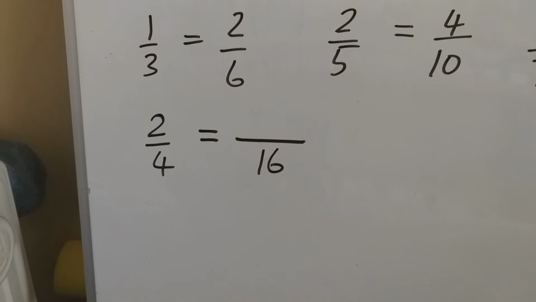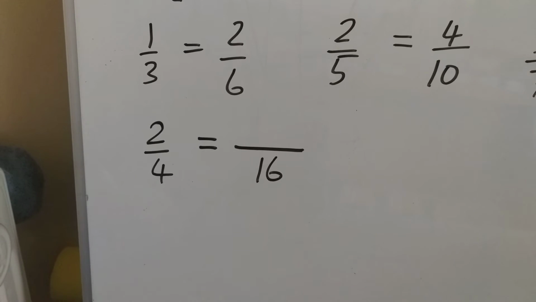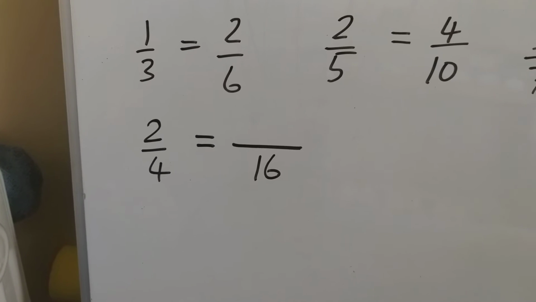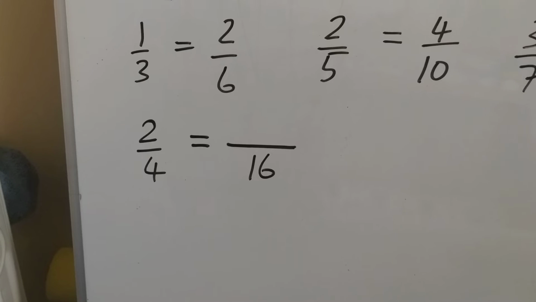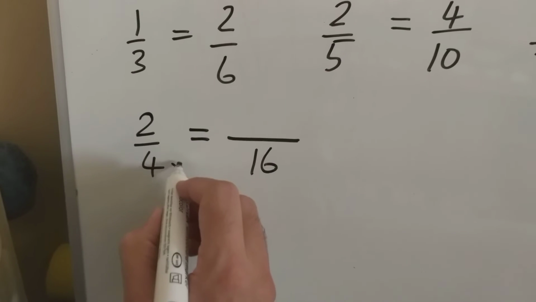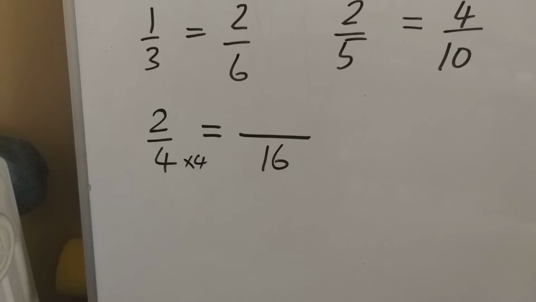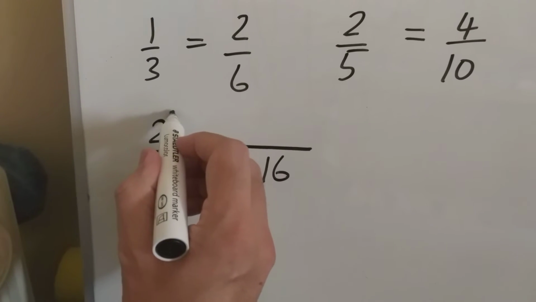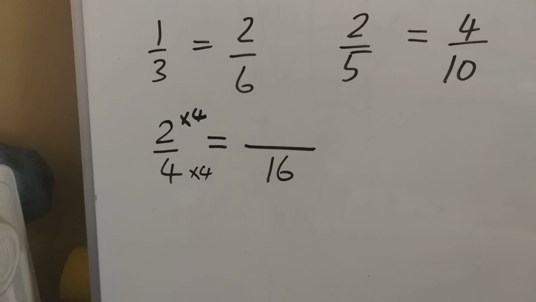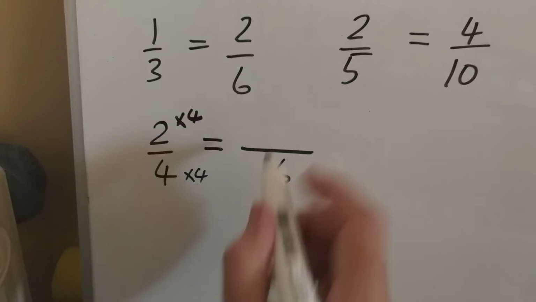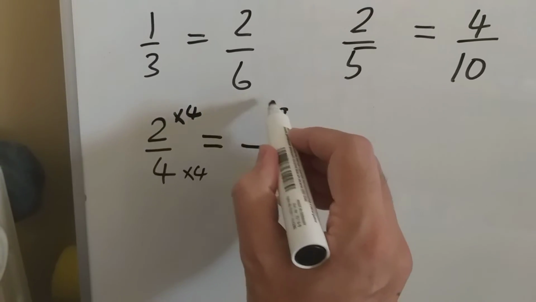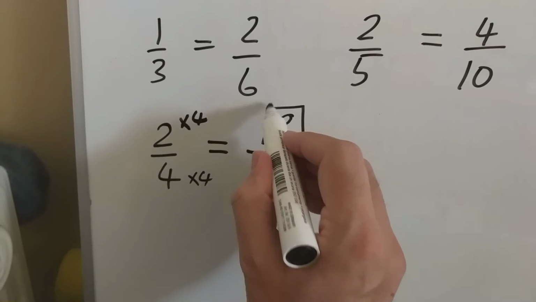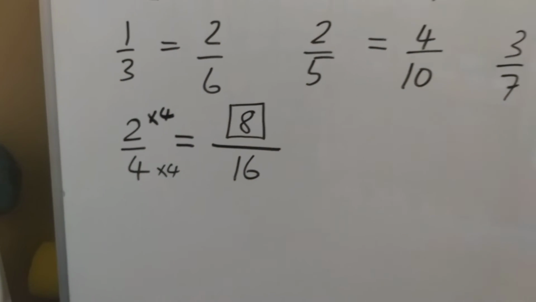Is it 4 times 2? No. Is it 4 times 3? 4 times 3 is 12. Is it 4 times 4? Yes. 4 multiplied by 4 gives us 16. Now the same multiplier will have to be used for the numerator. So it has to be multiplied by 4 to get the missing number. So 2 times 4 would be 8. Therefore, the missing number over here is 8.